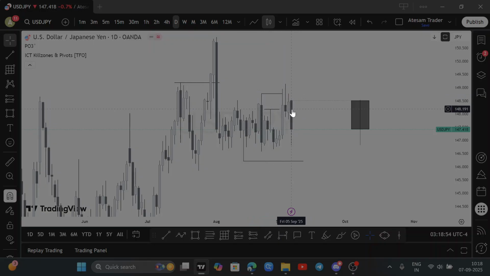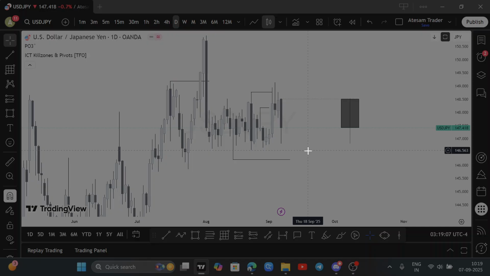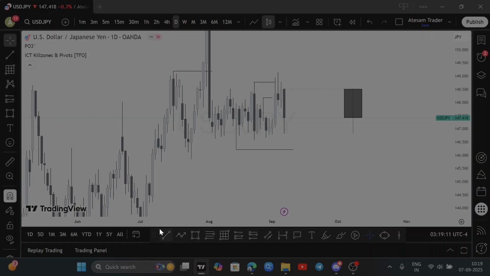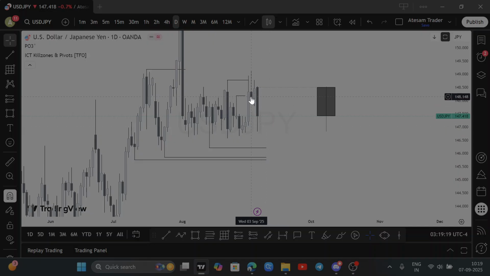This range high is taken, price is closing below and inversing this fair value gap. I am expecting some kind of downside move on this USD JPY. So my target is these lows now, these lows with this fair value gap. Let's see.